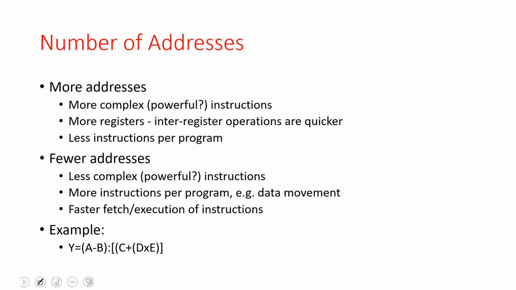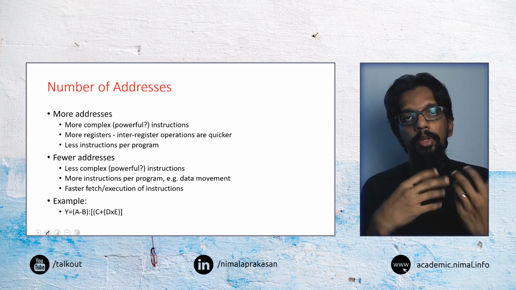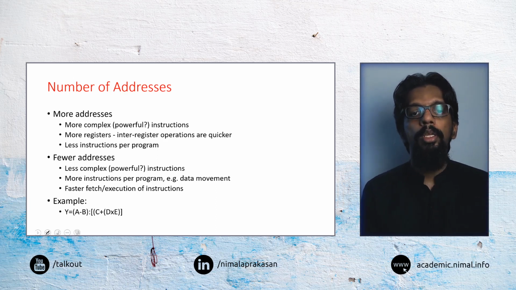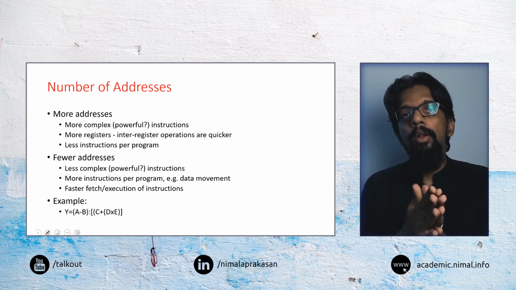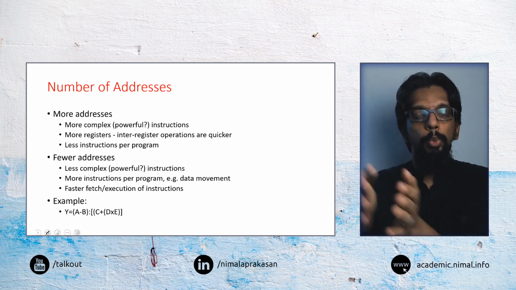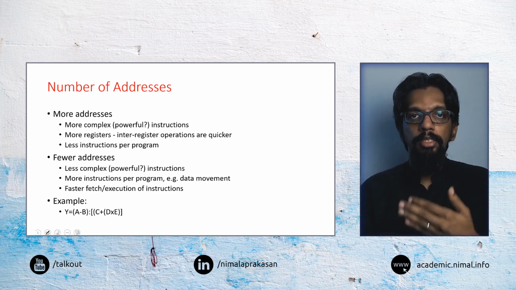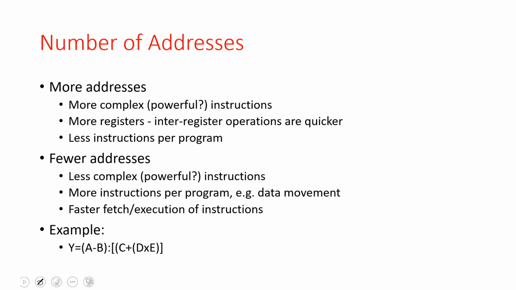Another related thing is how many addresses are supported. How many bits are allocated will also depend on how many addresses are supported in the system, and that depends on how the system is designed. We can have fewer addresses or more addresses, and it is all a design decision that has to be made in designing that particular computer.